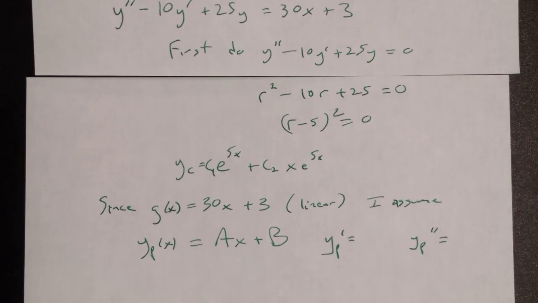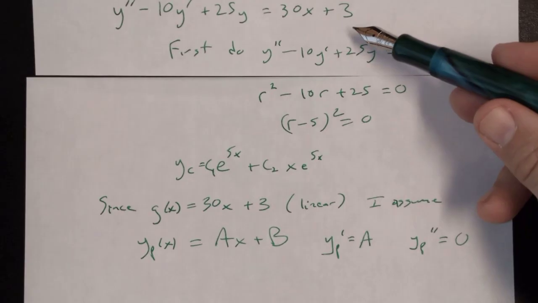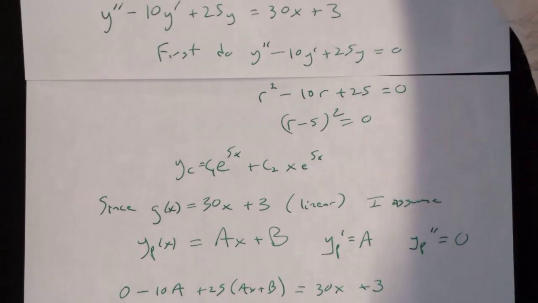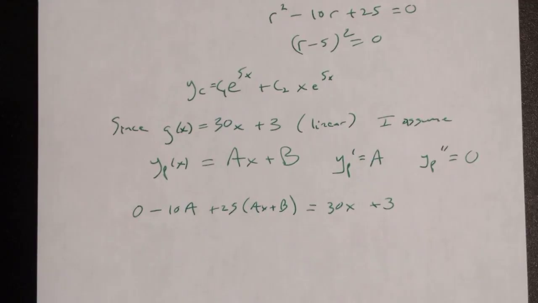What's the first derivative of yp? And the second derivative? Oh, that's nice. If I plug that into this equation up here, 0 minus 10a plus 25 times ax plus b should be 30x plus 3. Gather all your like terms and solve for a and b.